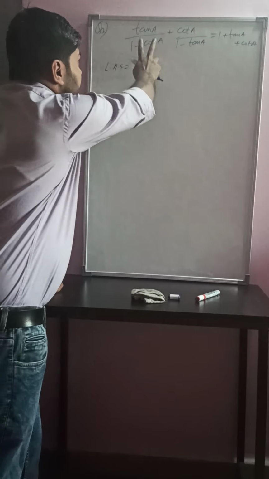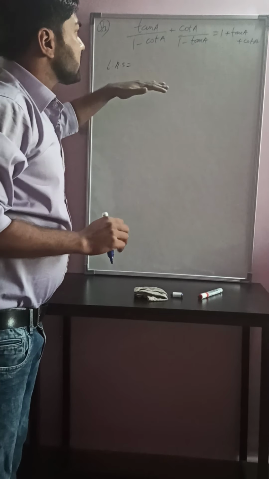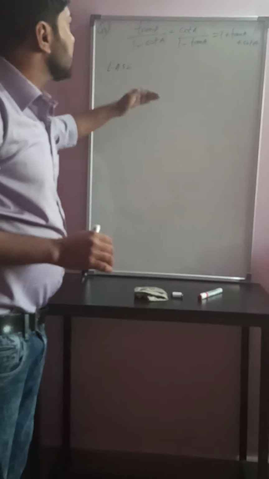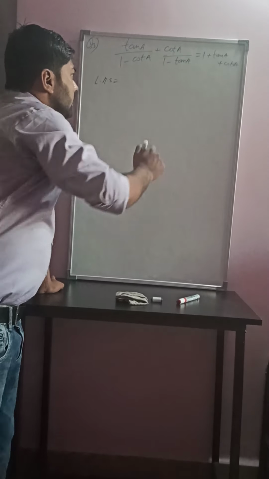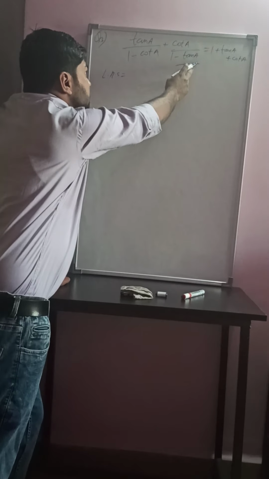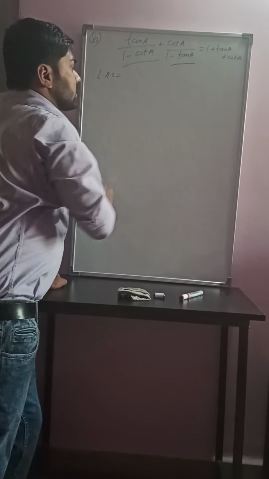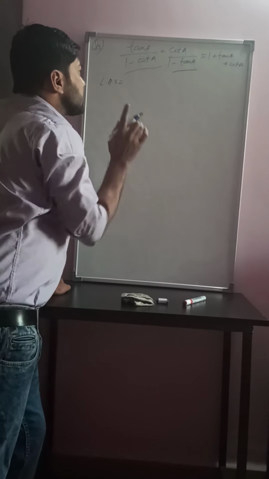Here you can see the expression we have been given. What basic concept do we have to use here? The base should be the same so that we can take the common base. As you can see carefully, it is 1 minus tan A in one denominator and 1 minus cot A in the other. First, the concept is to make it the same base.